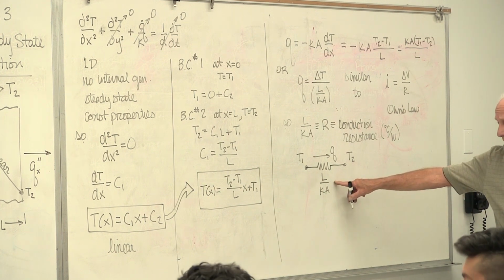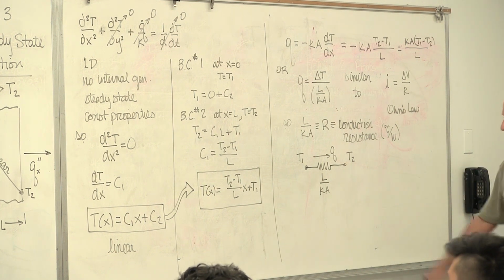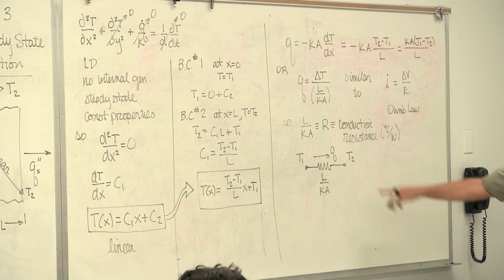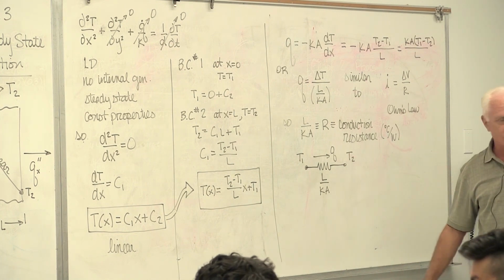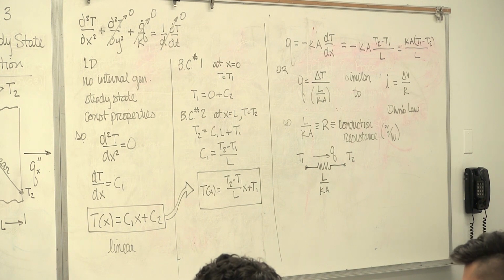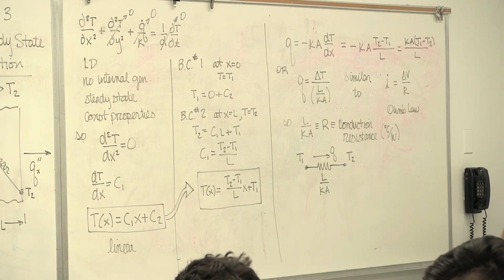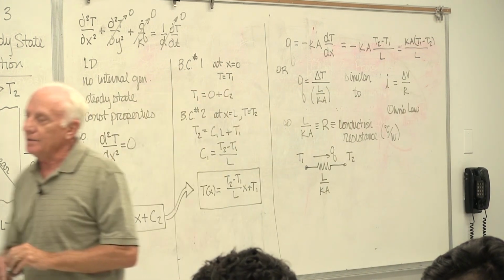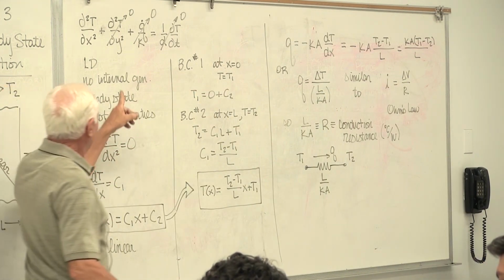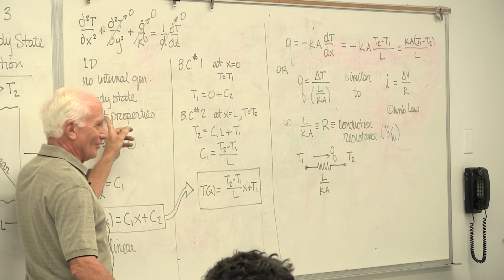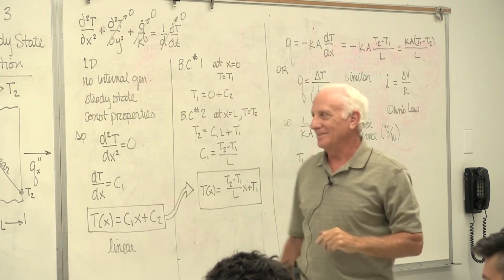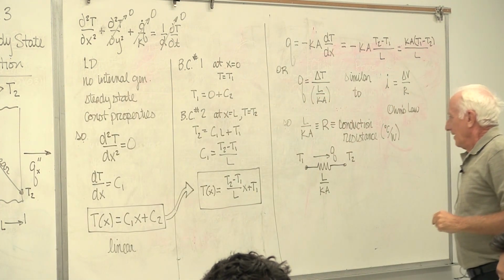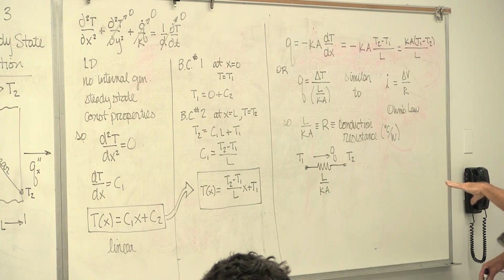That's the resistance of that wall. If the inside room temperature is 75, hall side's cooler at 70, I can tell you how much heat flows from the inside of this room to the cold side on the hall side of the wall. It's as simple as that. But you better make sure 1, 2, 3, 4, or it won't work that way. All right, so that's how we model that.